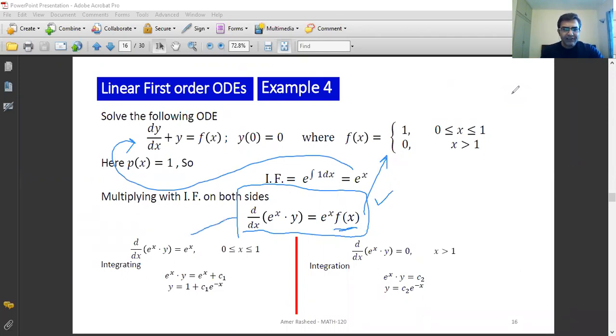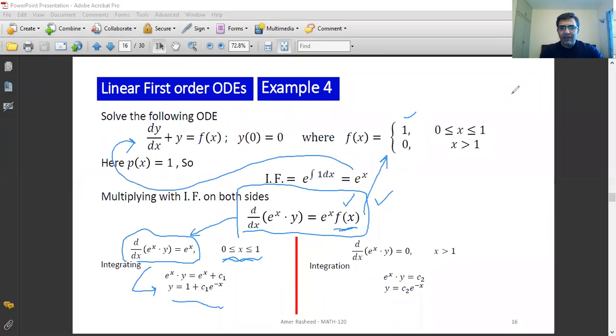As f of x is a piecewise function defined on two pieces of the domain, we solve this differential equation for the different domains. On the left hand side, I have solved this equation for f of x equal to 1. So whenever we insert f of x equal to 1 here, we get this differential equation. Now integrating both sides, we can get the solution.